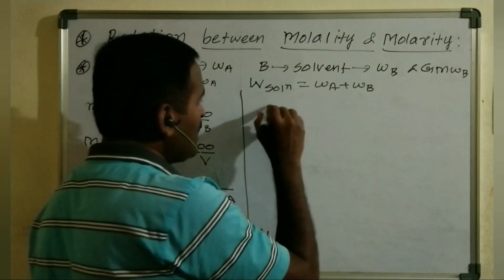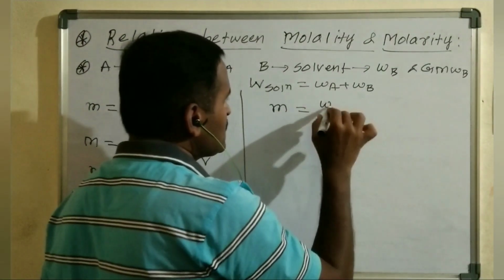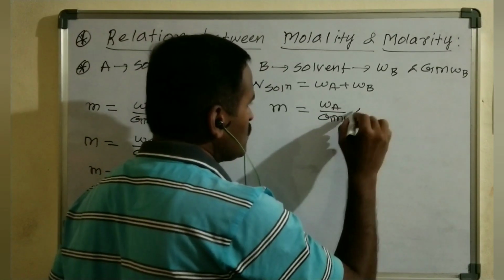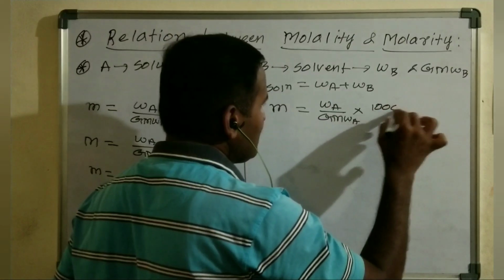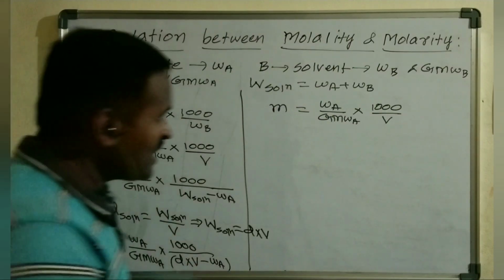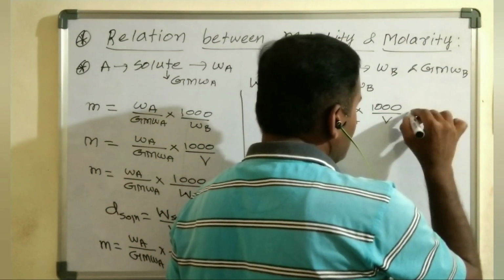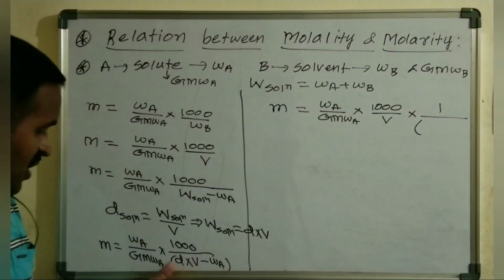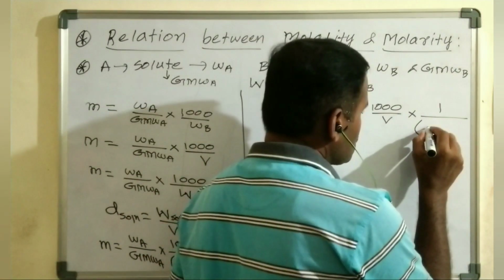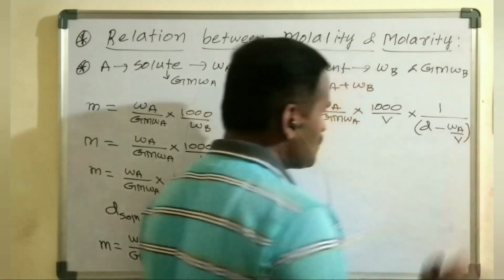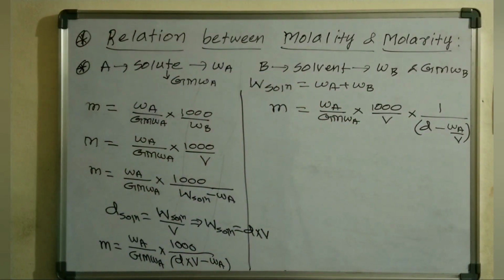So I will write molality small m is equal to WA by GMWA into 1000 divided by, taking V common, only D will be left over here, so D minus WA divided by the volume of the solution.